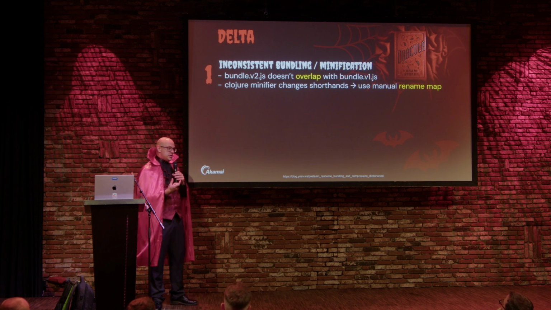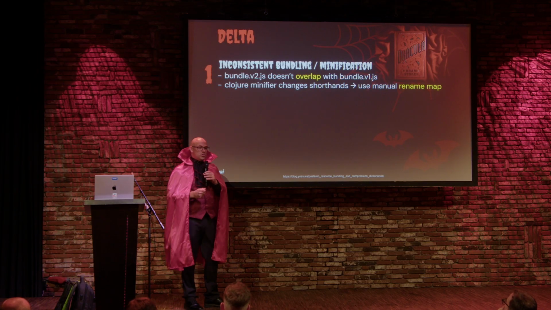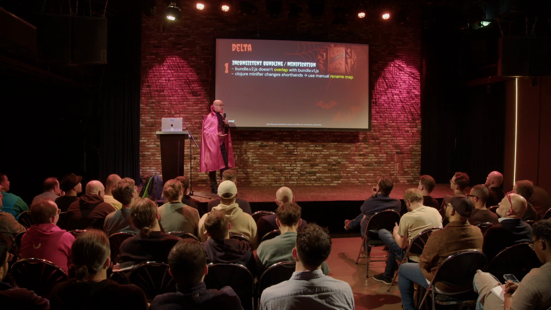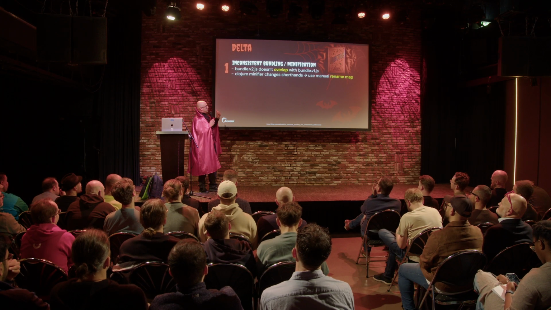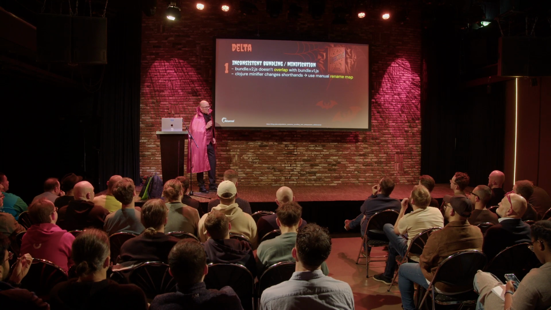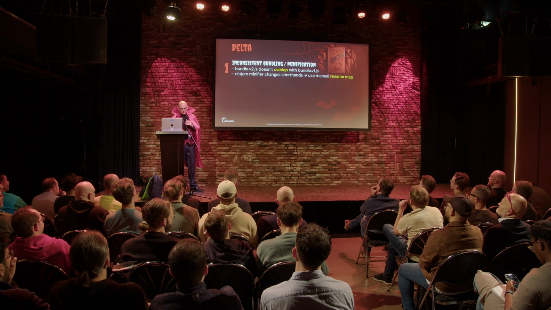They will shorten variable and function names to shorter versions, but if they don't do this consistently across builds, you will end up with different names for everything between versions. And that will, of course, mess with the efficiency of the dictionary compression because that basically does string matching internally. So we had one customer that actually had to go through a lot of trouble to manually define rename maps for their minifiers to get optimal performance out of this.